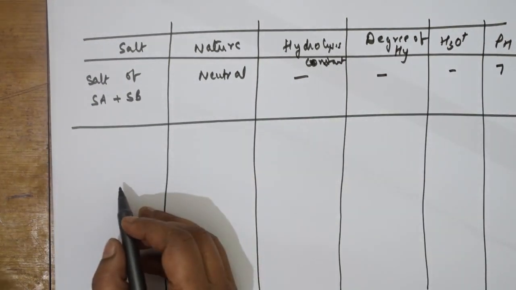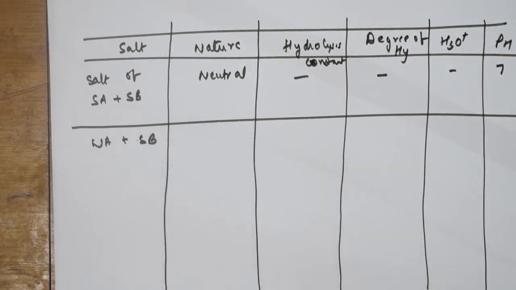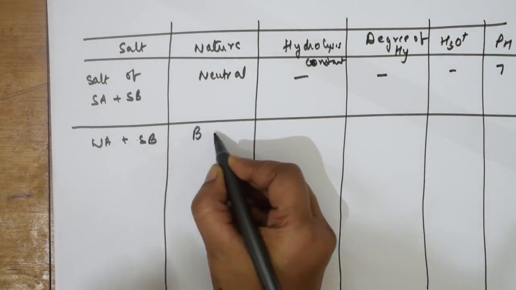Now let us see the next combination, weak acid and strong base. Like your sodium acetate, sodium phosphate, sodium carbonate, potassium carbonate, like that. This is basic in nature, because it is a strong base.